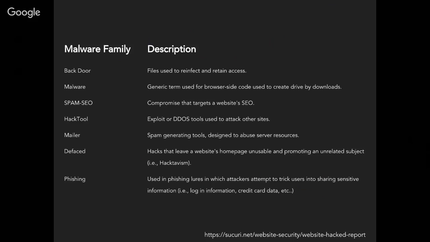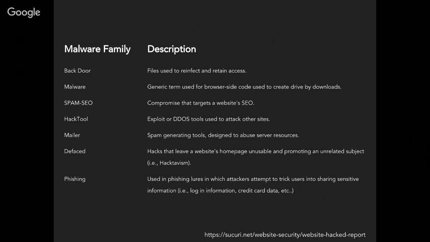Other parts of the attack, things like malware, which is just malicious code that will try to attack your site in various ways. Spamming and SEO related attacks are ones that try to use a website's higher search engine optimization, is what SEO stands for, so try to use the website's position in the search engine results to display their content instead of yours.